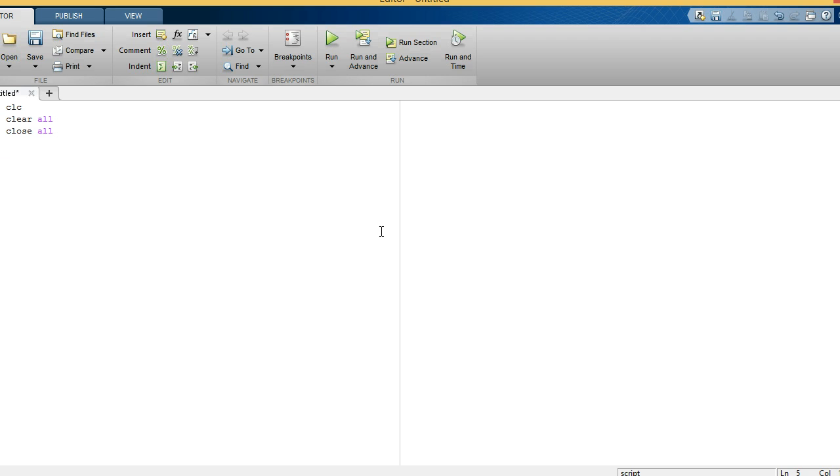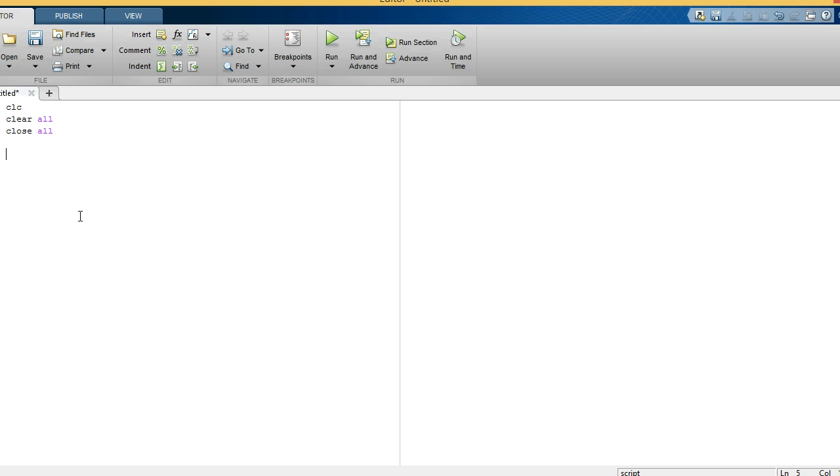After that, we first need to load the data into our system. In this tutorial, I will use the data for the IEEE 33 bus system, and the data is available online. I will also show the data over here.